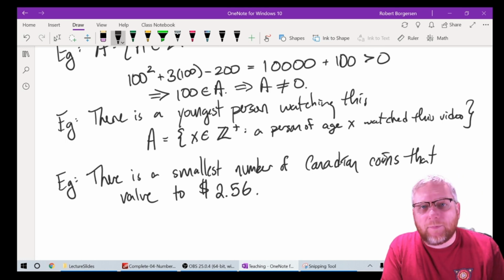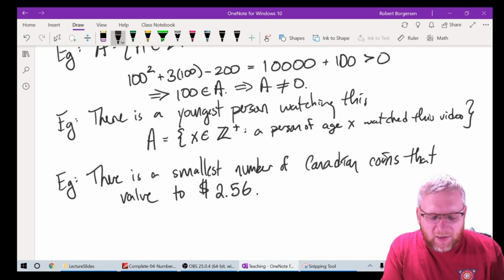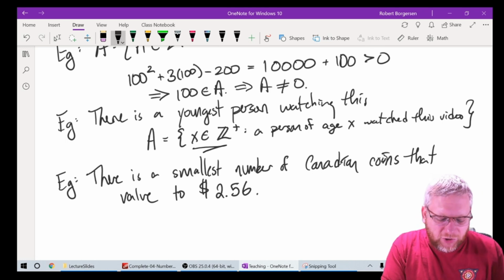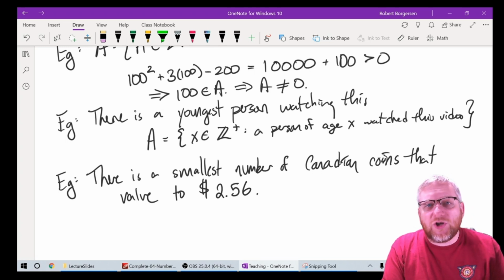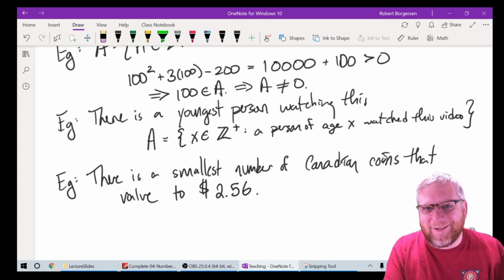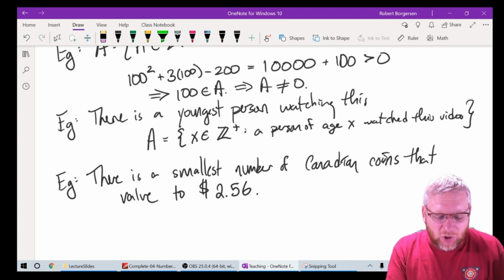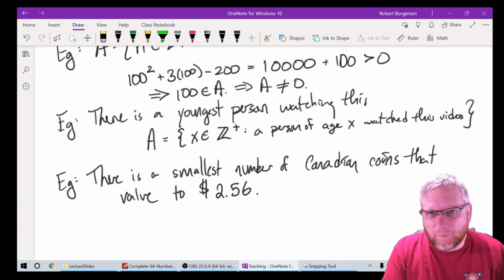And that's my set. That is certainly a subset of Z plus because of the definition. It is also non-empty because you are watching it, right? Therefore, your age is in this set. So immediately, there is the age of a youngest person ever to have watched this video.